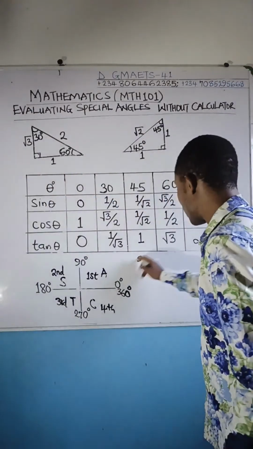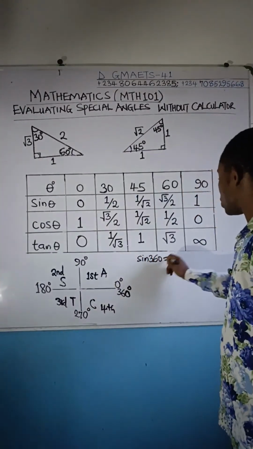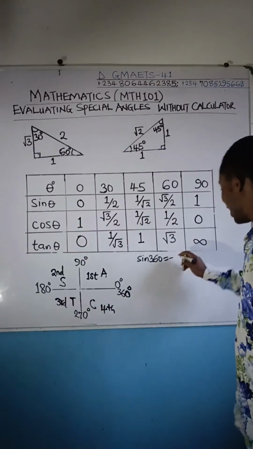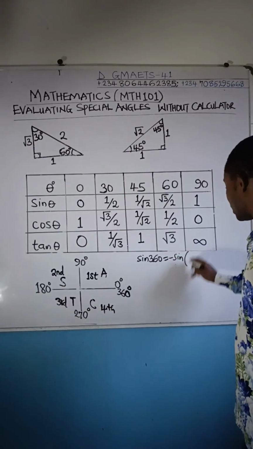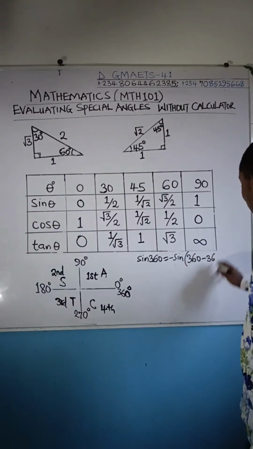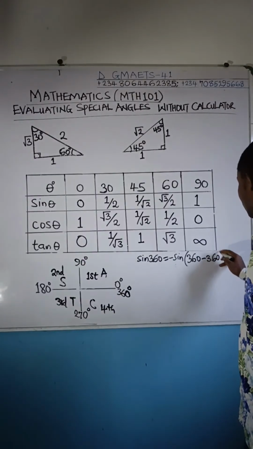So first, sine 360 will be equivalent to minus sine 360, and then you are going to subtract 360 from it. You see?